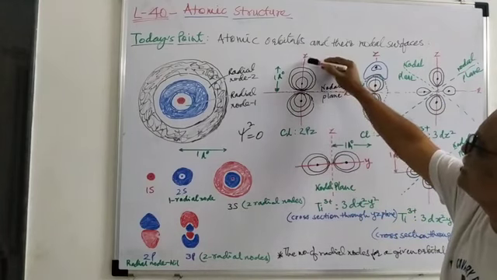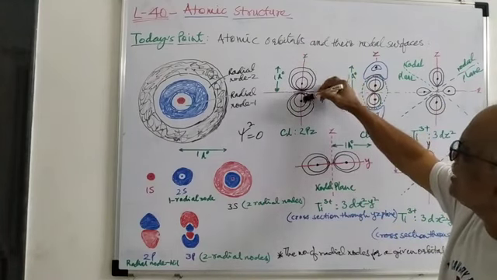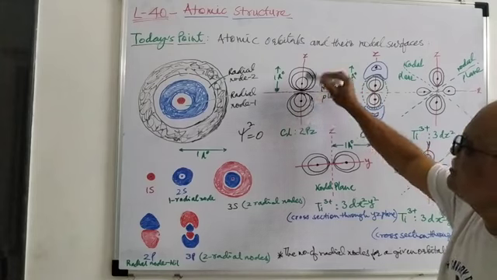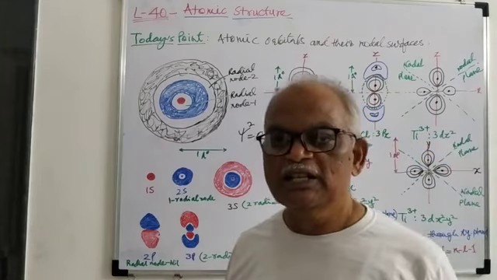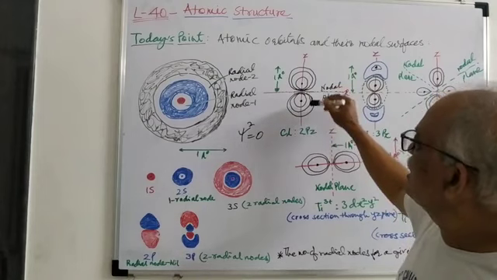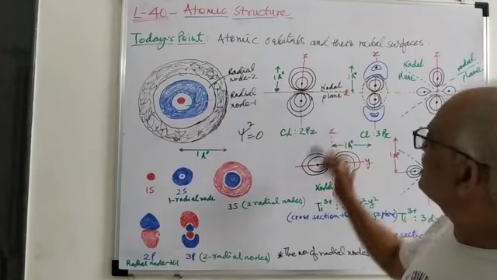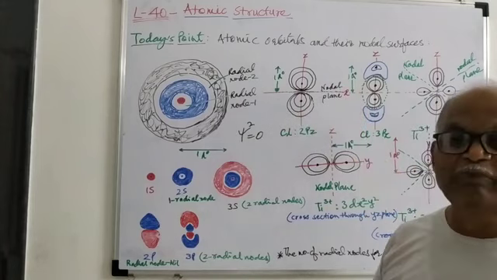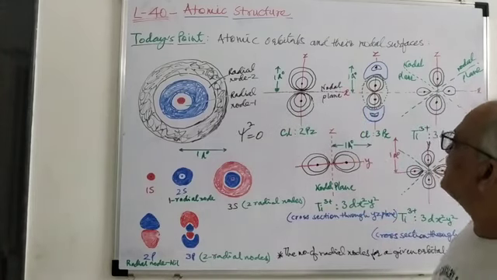This orbital is shown along the z-axis. Similarly, you will also have orbitals of p nature, that is px and py, in the same form, having the same type of nodal plane or nodal planar surface.